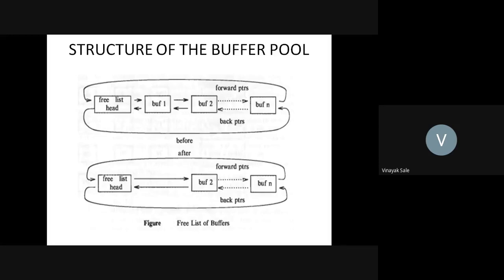Here buffer 1 is removed from this list. Whenever buffer 1 becomes free, that is unlocked, it will be attached to the free list at the end of this buffer pool, that is after buffer n.